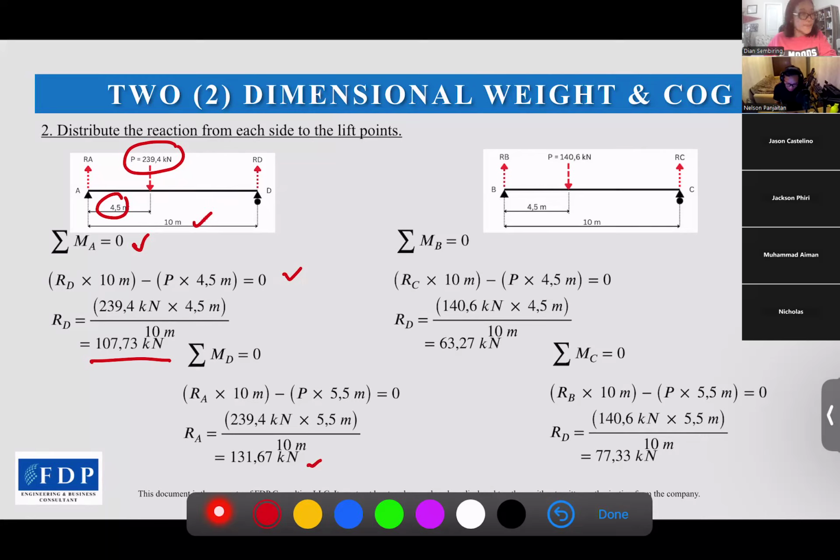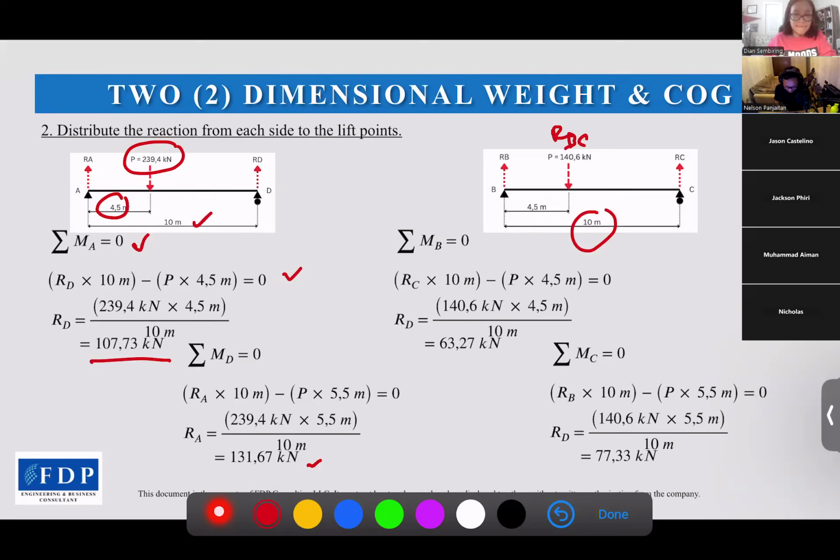And then we use the RBC to get the reaction at B and C. So previously we got the RBC is 140.6. Then it's located at 4.5 from B, and the total length is 4 meters.